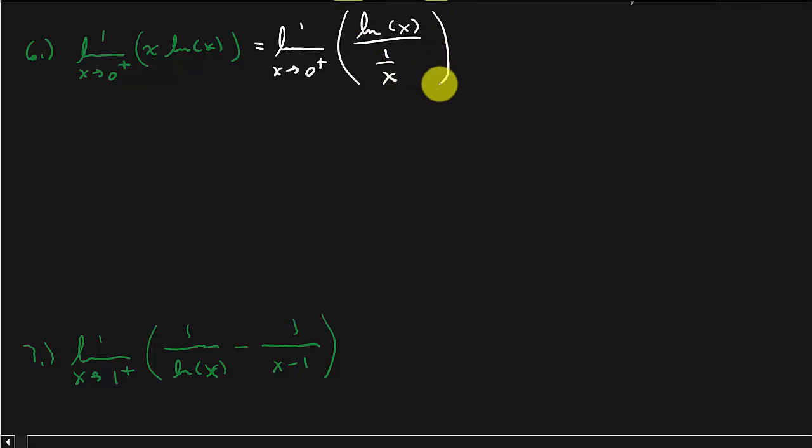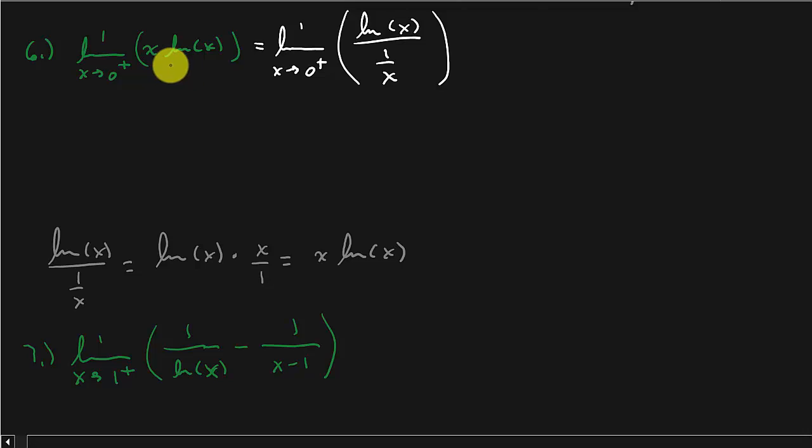All right, so how in the world did I get that? Well, let me just show you here. Natural log of x over 1 over x is equal to the natural log of x times the reciprocal of the denominator, right? So times x over 1, which is x natural log x. So I just rewrote this into this form.